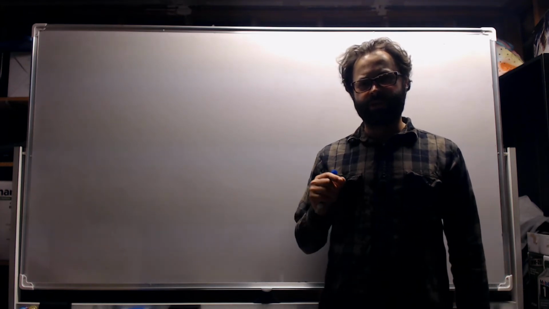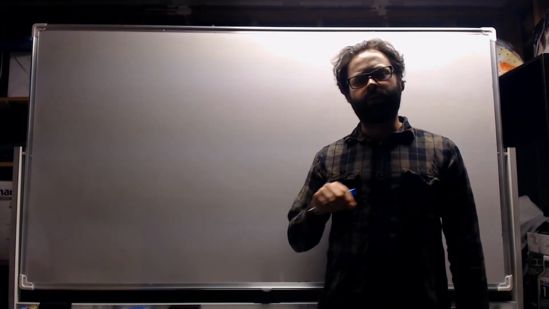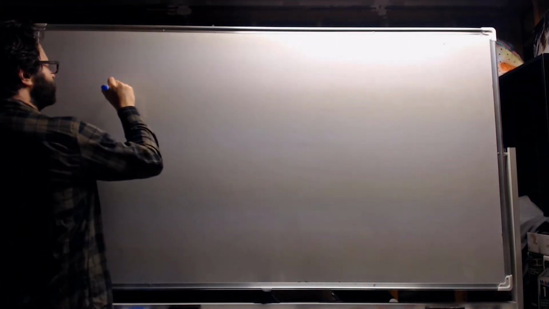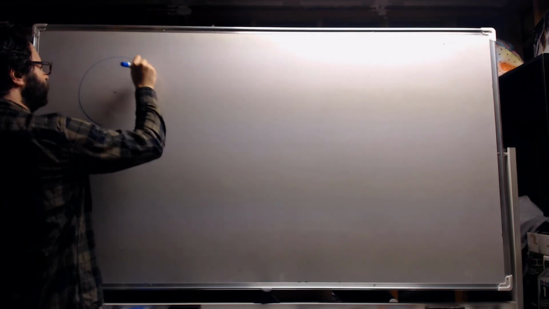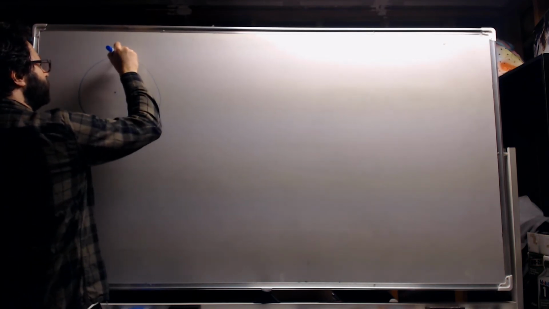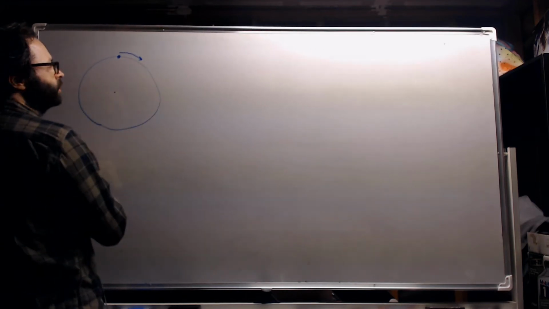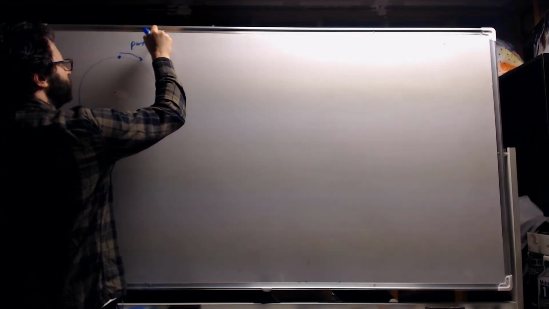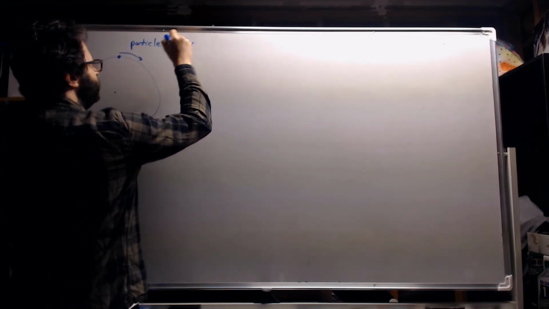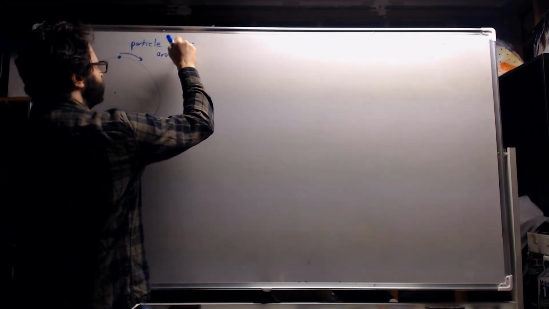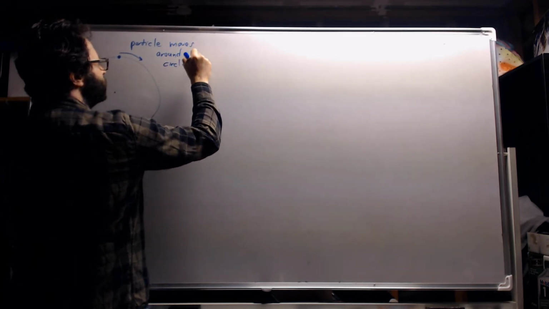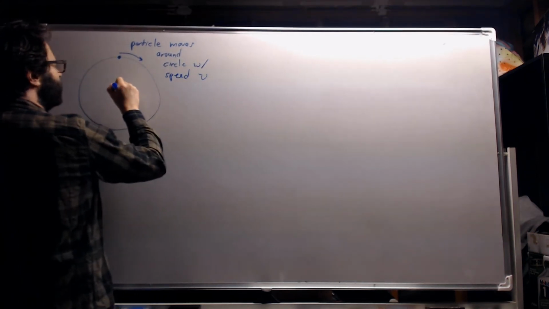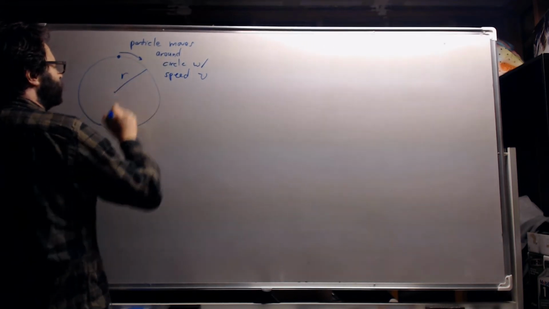Specifically, what I want to consider is the motion of a particle around a circle. So circular motion. Imagine we have this circumstance. We have a circle, and you have a particle that is moving along the circle with some speed v, and the radius of the circle we're going to call r.